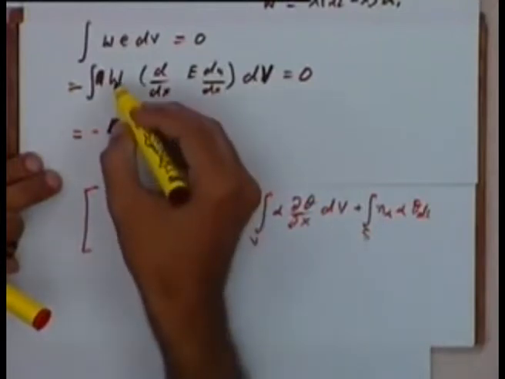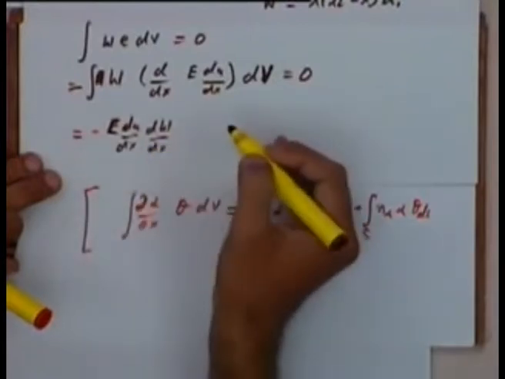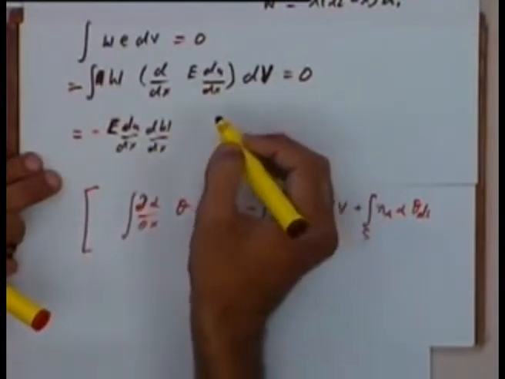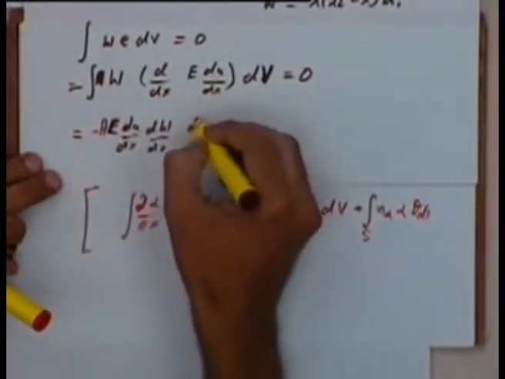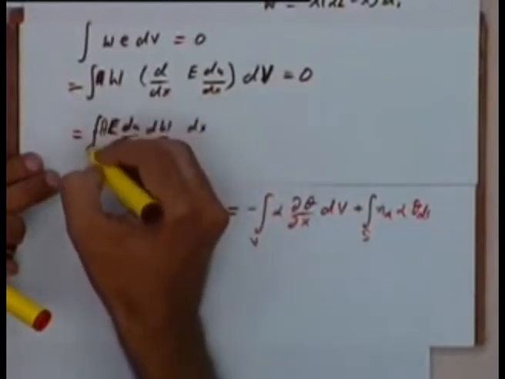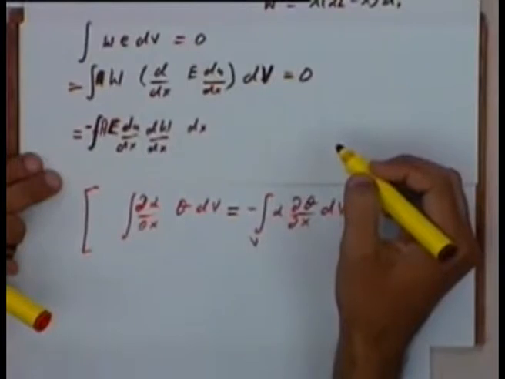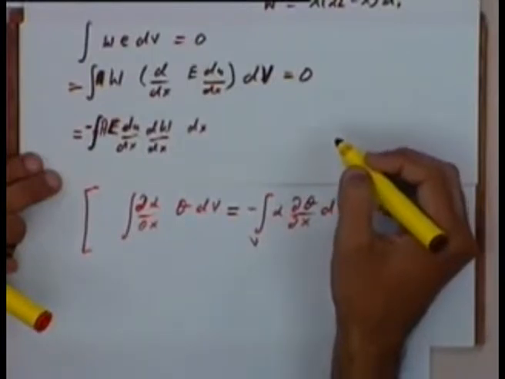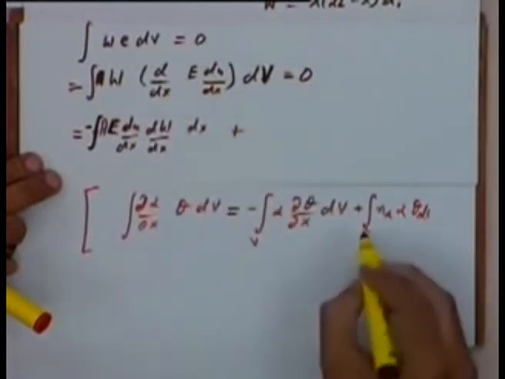Now theta is the same as W, so into dW by dx. I will replace dV by A times dx, and we will get the integral of this, minus this, plus this term.